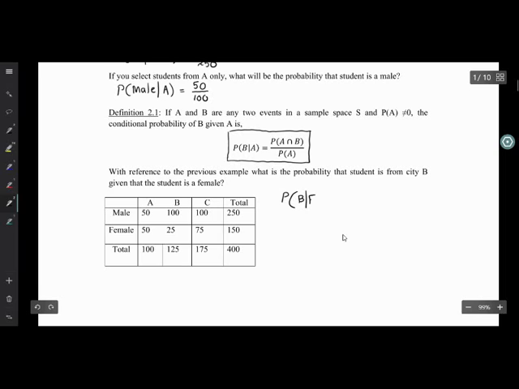B given female. If we apply the definition, that is the probability of their intersection, B and female, divided by the probability of the given one, which is the female.